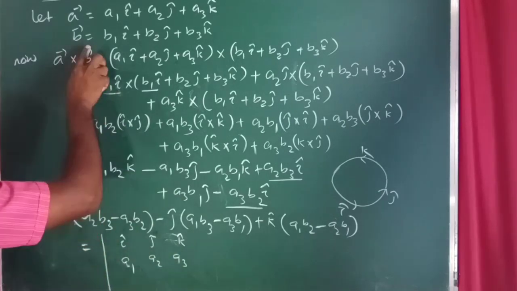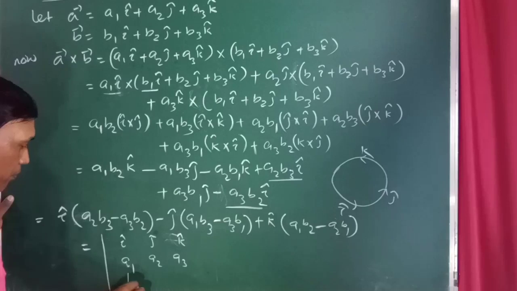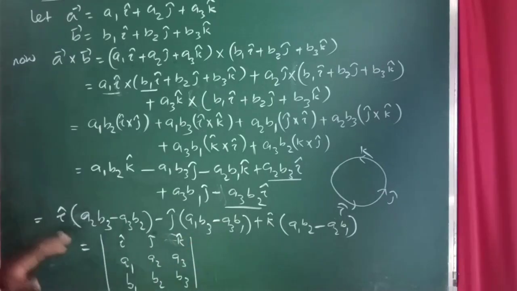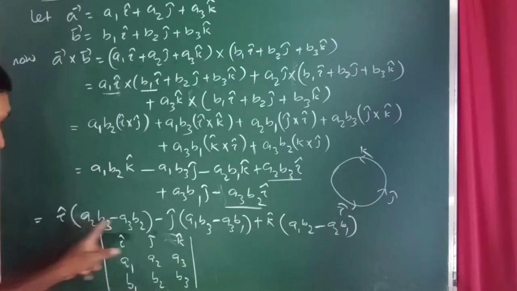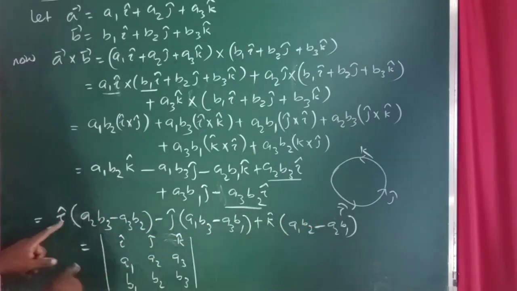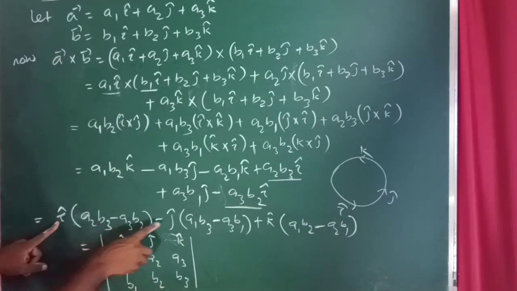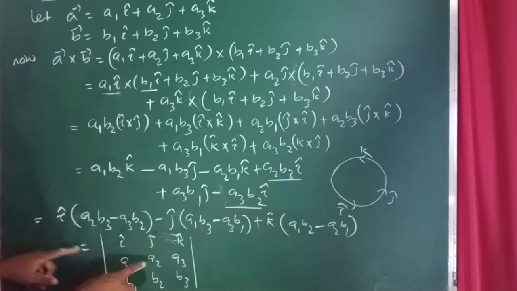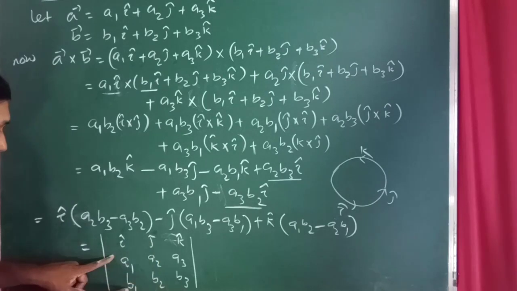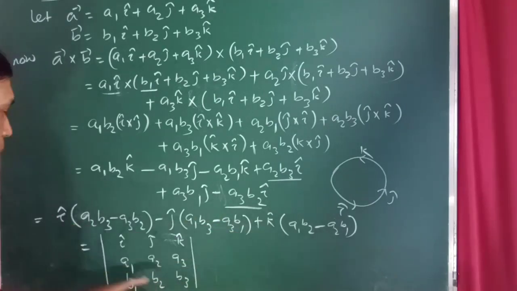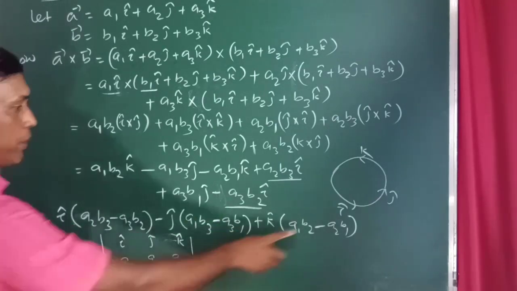Third row is the components of B vector, B1 B2 B3. If you expand this, then this is the value. Look at here, i into this determinant (A2 B3 minus A3 B2) is here, minus j into (A1 B3 minus A3 B1), plus k into (A1 B2 minus A2 B1).